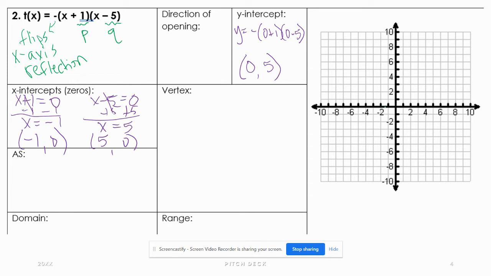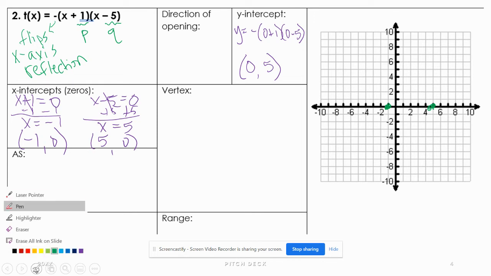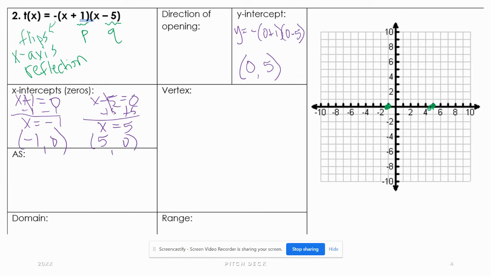Remember, we're going to start with plotting our x-intercepts. So I have one here at x is -1 and over here at x is 5. We need to find the distance from -1 to positive 5. 1, 2, 3, 4, 5, 6. So from -1 to 5 is 6 steps or units.